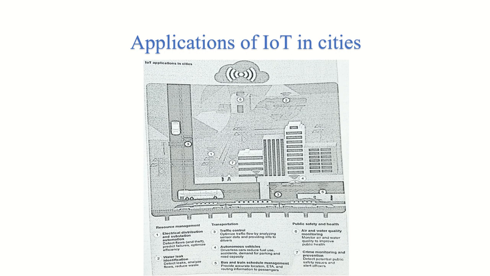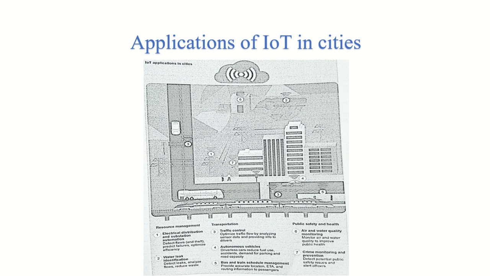Large concentrated populations and complex infrastructure make a city a rich environment for IoT applications. These applications in cities are focusing on public health, safety, transportation, resource management, a lot of sectors.